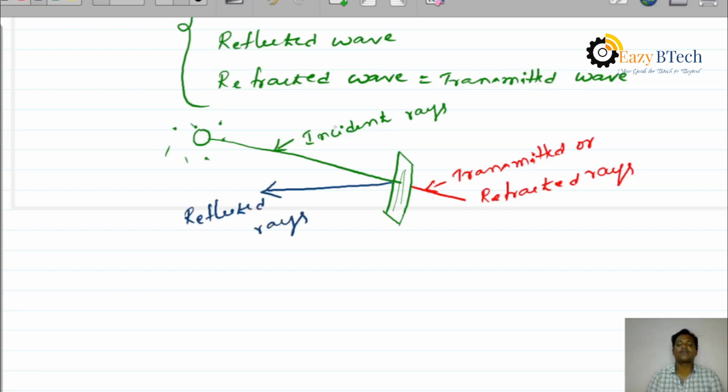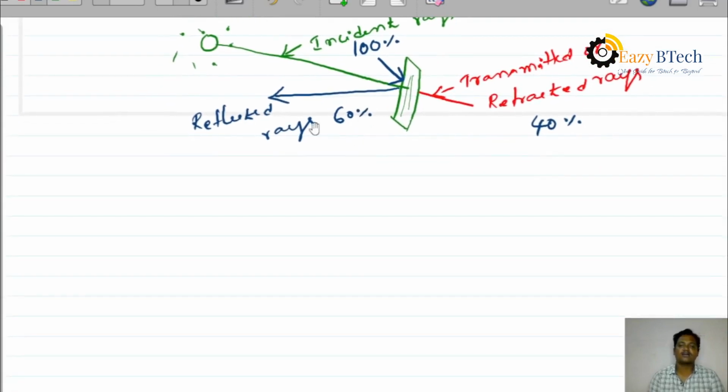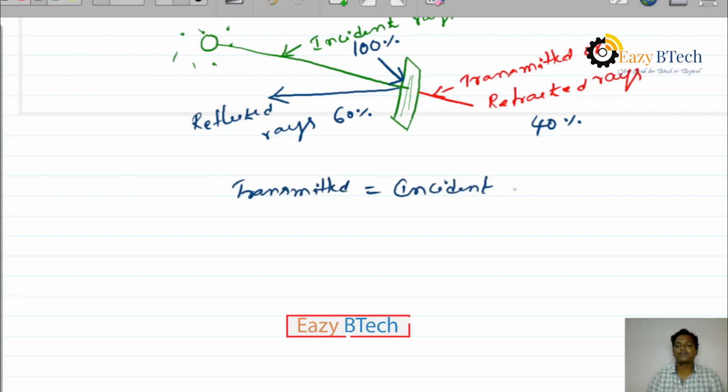Suppose 100% of rays fall on the mirror. It allows only 40% of rays through the mirror. The remaining 60% is reflected back. Therefore, we can say that the transmitted or refracted rays equal incident plus reflected.